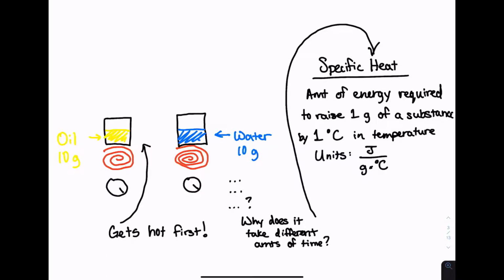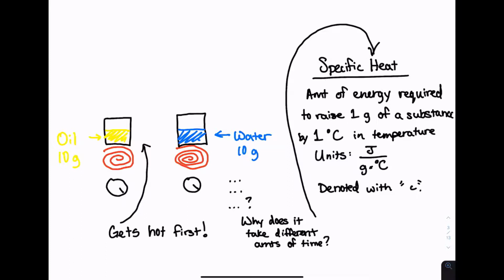So for example, water is going to be a substance that we talk about a lot moving forward. The specific heat of water, which by the way, the specific heat of anything is denoted with the lowercase letter c. Okay.